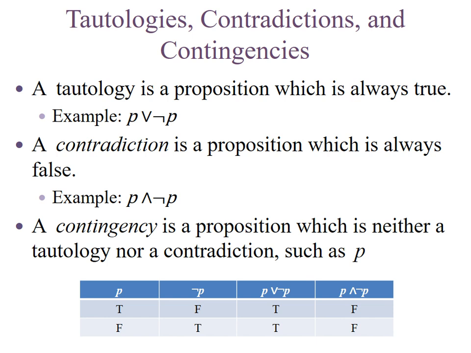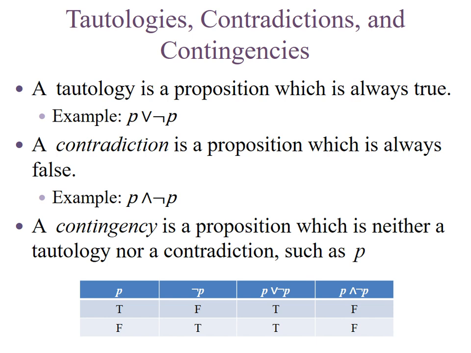On the contrary, we can also have a contradiction. When you assign truth values to the propositional variables and the result is always false, then we call this a contradiction. So the other case is it could be either true or false. We don't know.